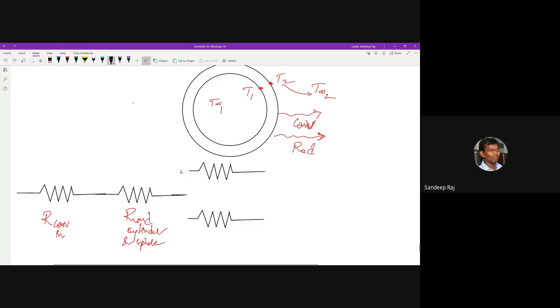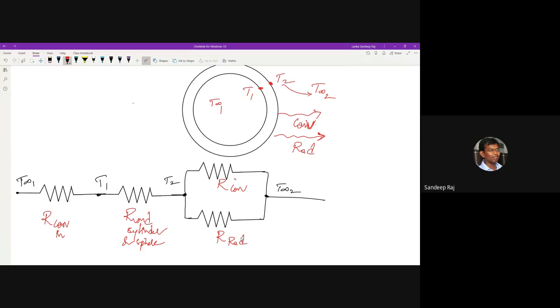So this will turn out to be this way. Here you have T infinity 1, here you have T1, here you have T2, and here you have T infinity 2. This will correspond to the resistance of convection, and this will correspond to the resistance of radiation.